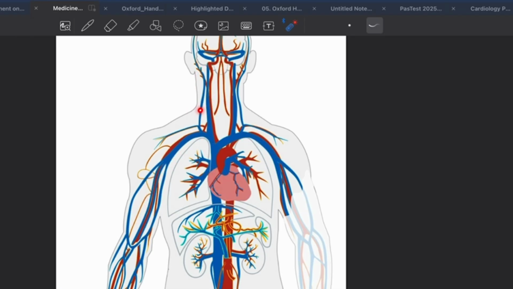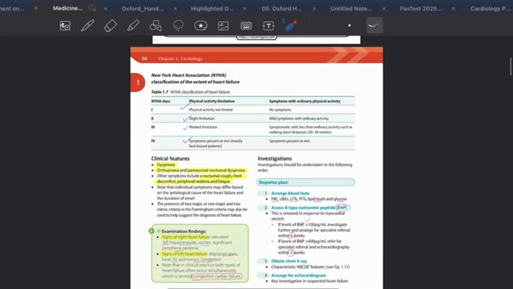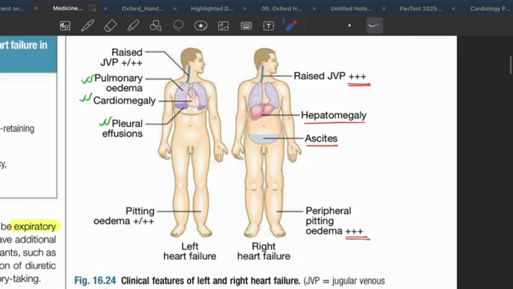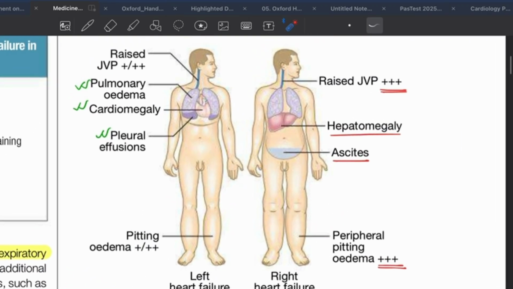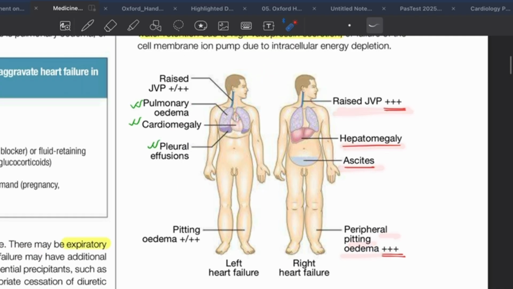We will see increased jugular venous pressure. Here you can see in this picture, in case of right heart failure, no peripheral blood can be drained into the right side of the heart. So in that case, we will see peripheral pitting edema, ascites in the abdomen, hepatomegaly, and raised jugular venous pressure.